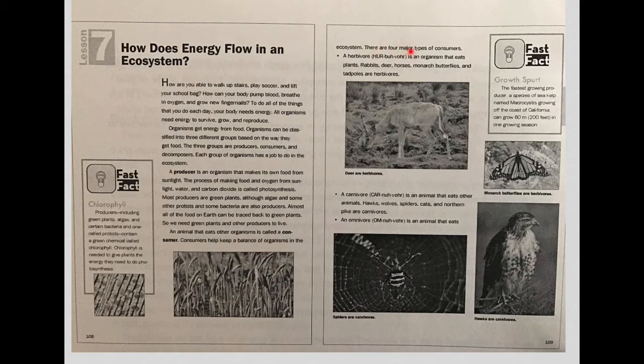There are 4 major types of consumers. Before we go on, are we consumers? Yes. All right, let's learn about the first one, the herbivore. And remember, right here shows you how to pronounce these words. I know you know herbivore, but let's just look at it, because it shows how to say it.